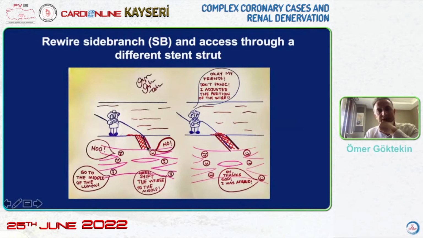The wire enters here and it goes here, and the balloon will have to push the ostium struts. Even if you are doing a kissing, you cannot stand this part.